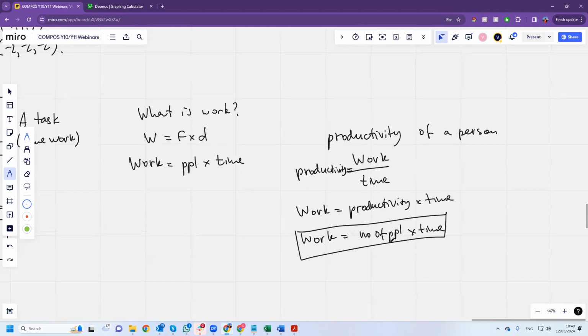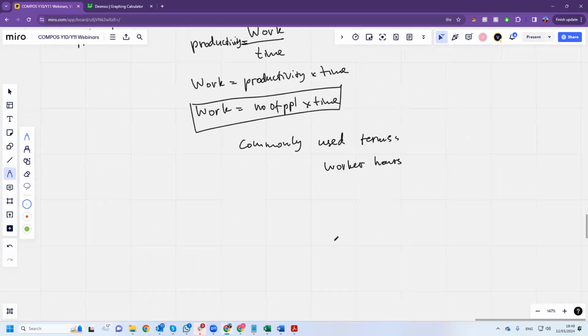That's how we measure work in a workplace. Usually it's people hours. So commonly used terms: worker hours, worker days, worker years sometimes.